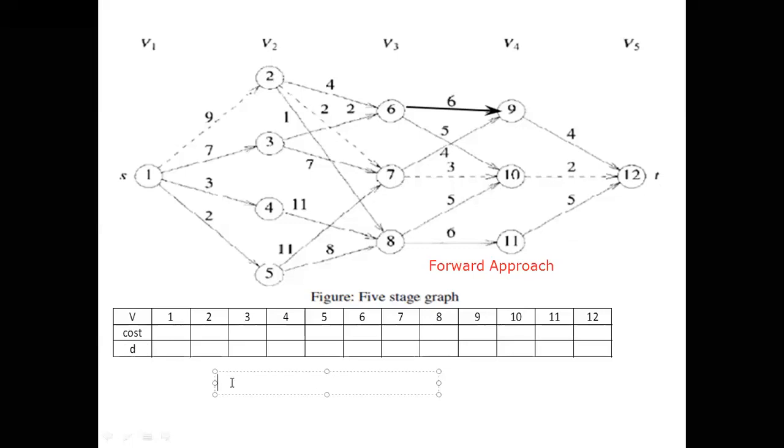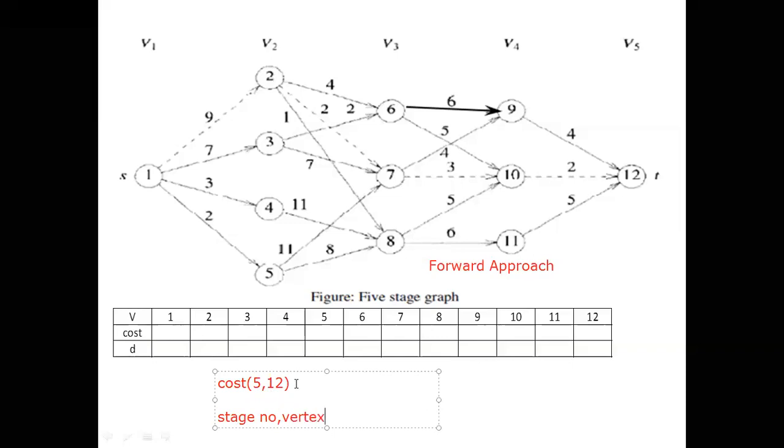We have to write cost of, cost means the shortest path we are finding, cost of 5, 12. That is the way we are going to write. Now you may be confused about what this 5 is. 5 is nothing but the stage number. 5 is the stage number and 12 is the vertex.